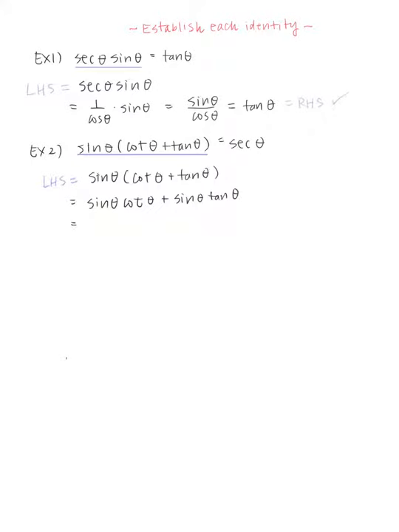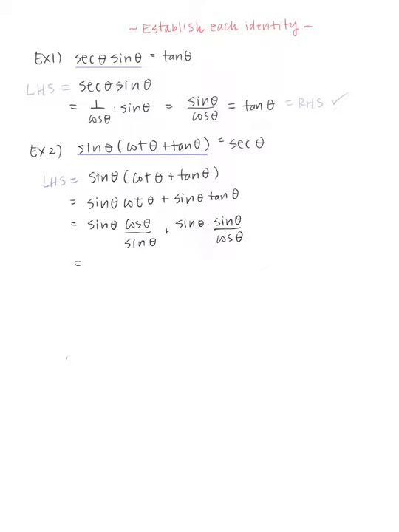Alright, so this is the same thing as sine of theta. Now cotangent is cosine of theta over sine of theta, plus sine of theta, and tangent is sine over cosine. Okay, now let's see what we're going to get. So let's see.